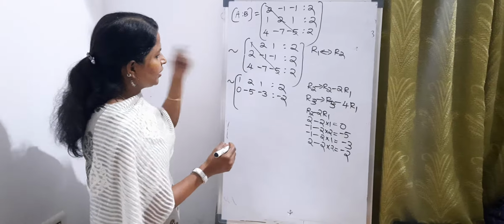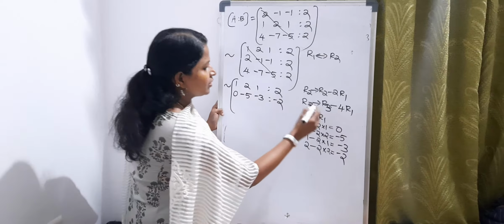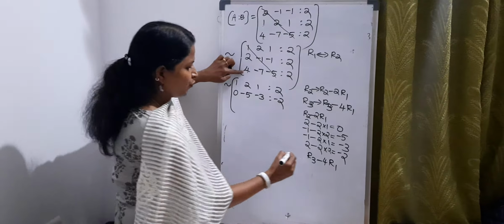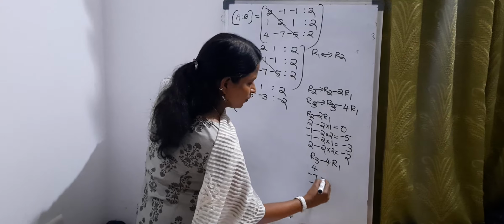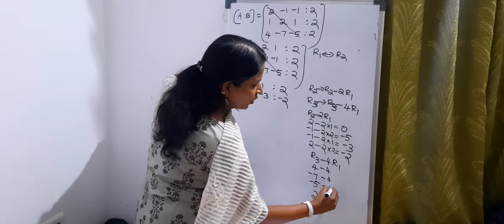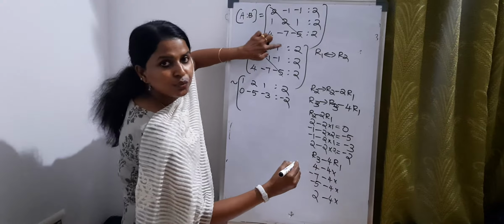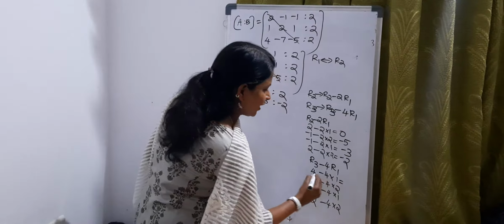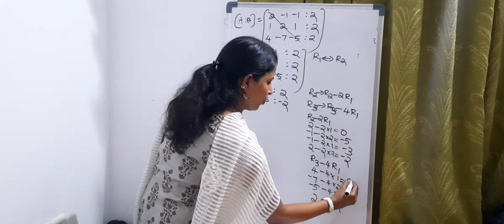Then the third row: the transformation is R3 gives R3 minus 4 R1. What is R3? 4, minus 7, minus 5, 2, minus 4 times the corresponding R1, 1, 2, 1, 2. So we get 4 minus 4, 0.